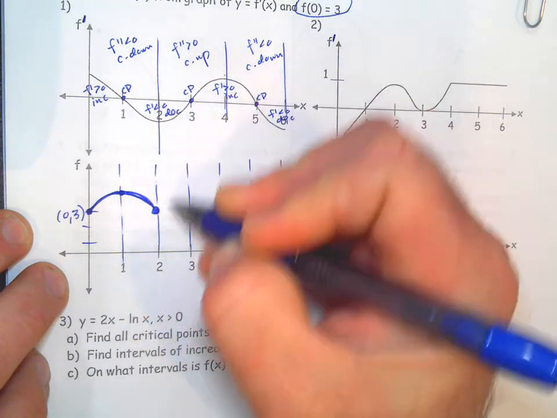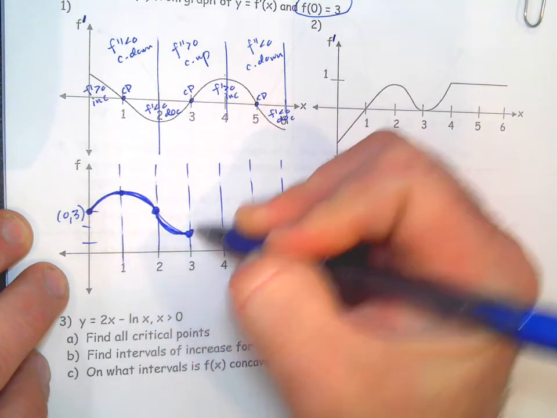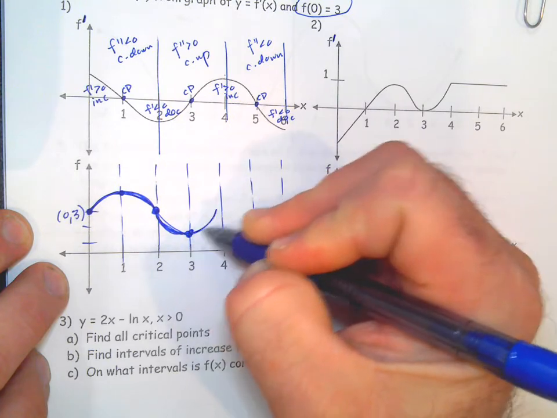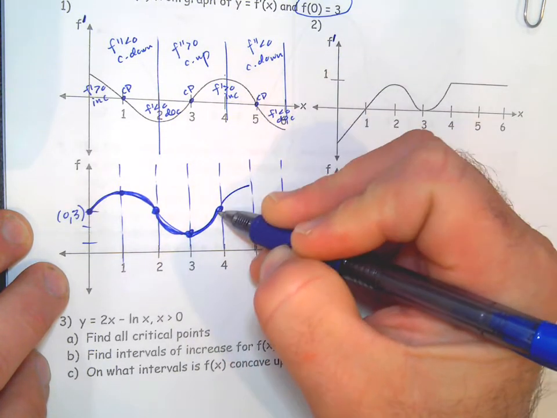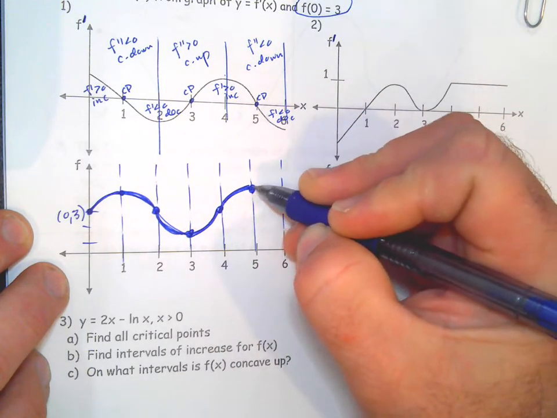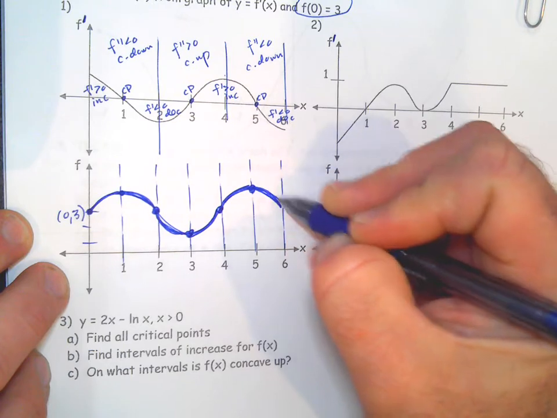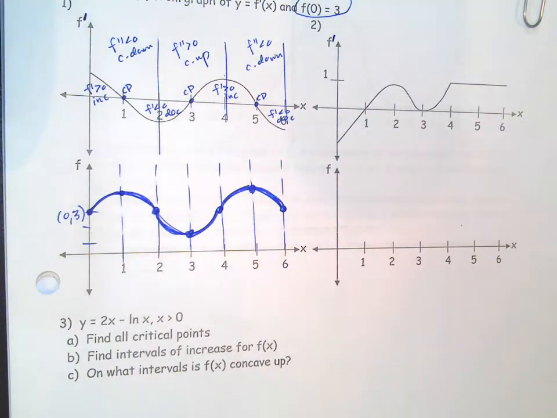This one's decreasing but concave up. This one's increasing and concave up. This one's increasing and concave down. This one's decreasing and concave down. So there you go, just a rough sketch.